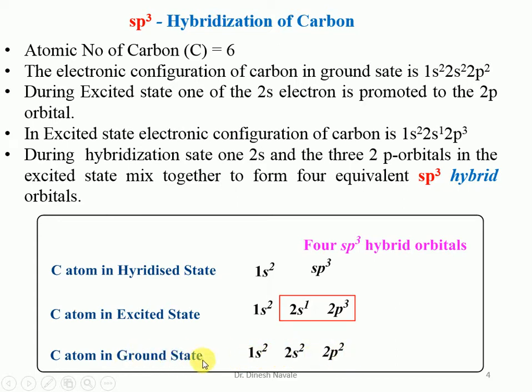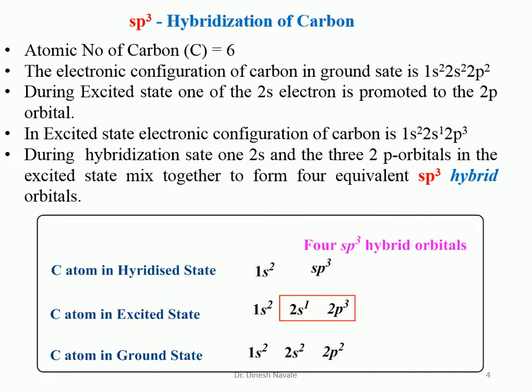The carbon atom in the ground state has atomic number 6, so its electronic configuration is 1s2, 2s2 and 2p2. When it goes into the excited state, one of the 2s electrons is migrated into the 2p, and we get the configuration 1s2, 2s1 and 2p3.